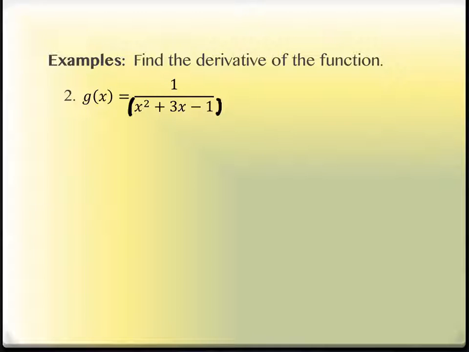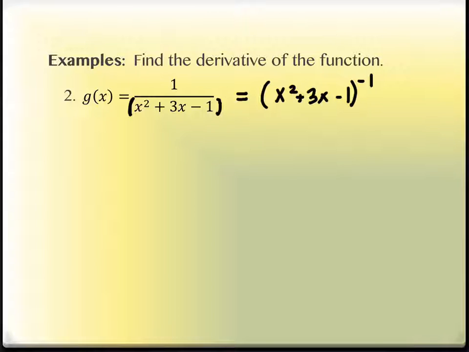One way to rewrite this that would be more conducive for the chain rule is to rewrite the denominator in the numerator: x squared plus 3x minus 1, and the exponent would be the power negative 1. I can't bring each individual piece up into the numerator to the negative 1. That's not correct.